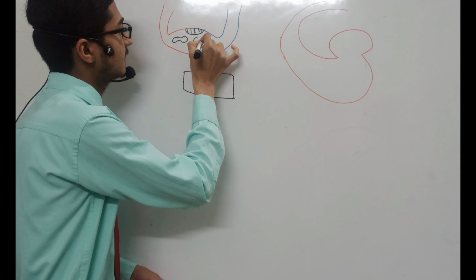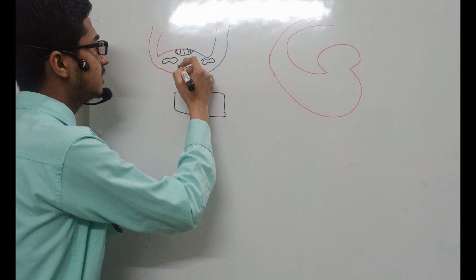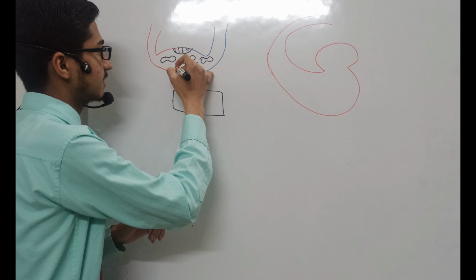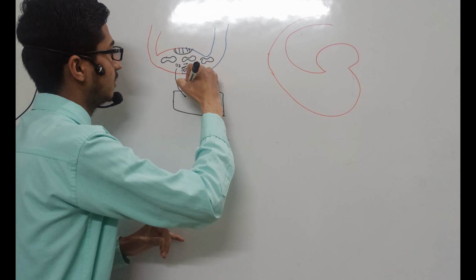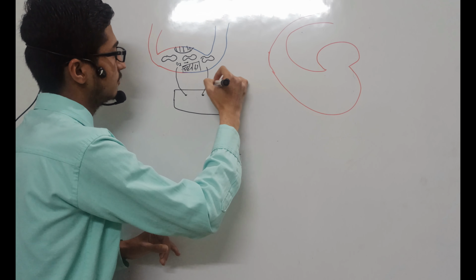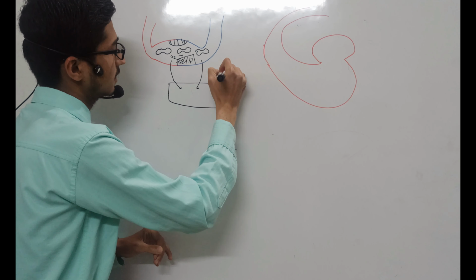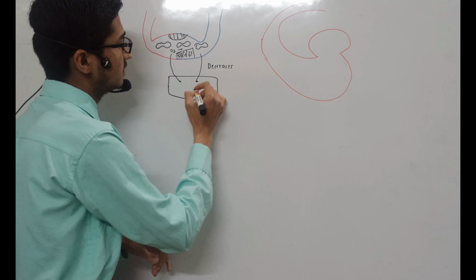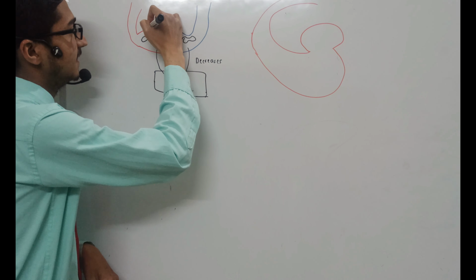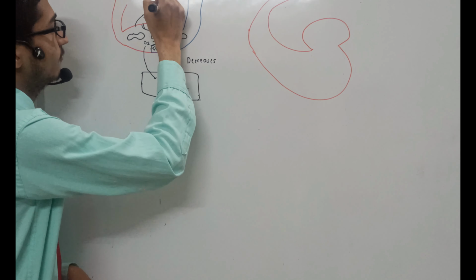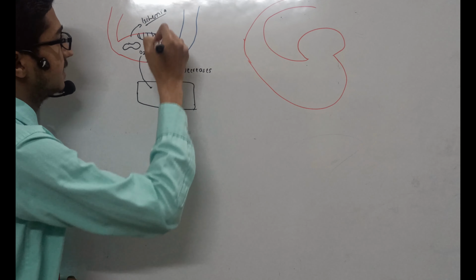The oxygen containing RBC decreases, so the exchange of gases, that is transfer of oxygen from the blood to the tissue, also decreases, which leads to ischemic hypoxia. Now why do we call it ischemic?